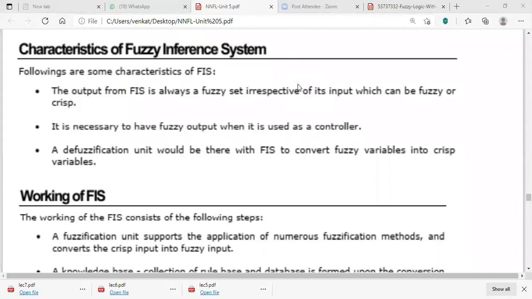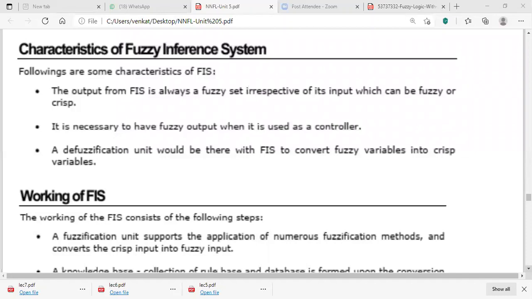So it is very essential to have fuzzy output when it is used as a controller. Along with this FIS, you need one defuzzification unit to convert fuzzy variables into crisp variables. Okay, to convert fuzzy variables into crisp variables.